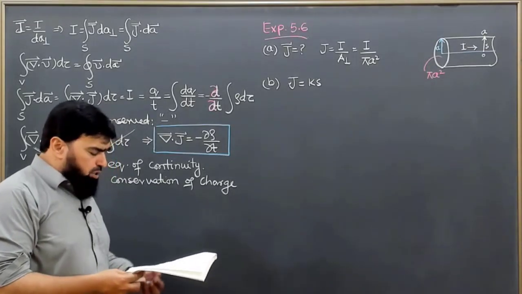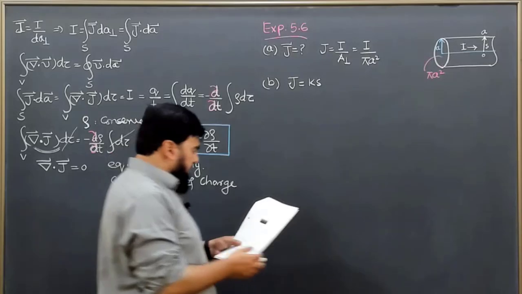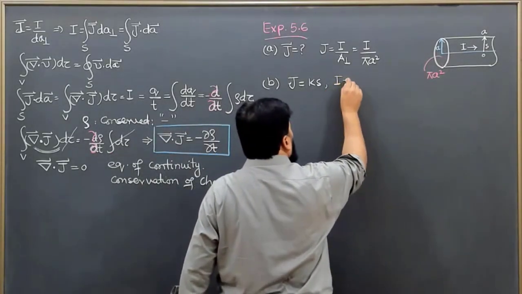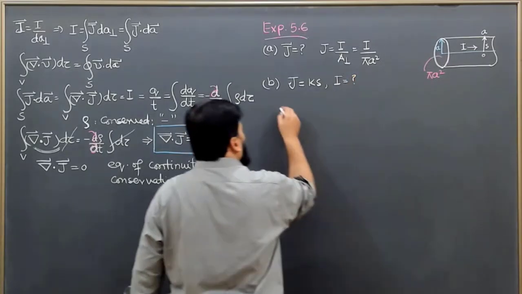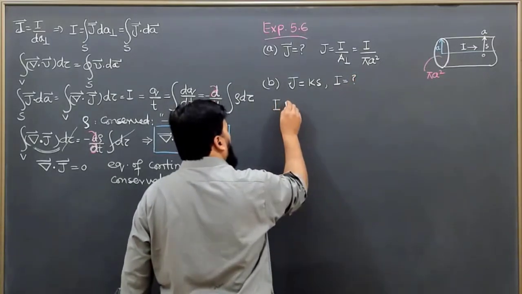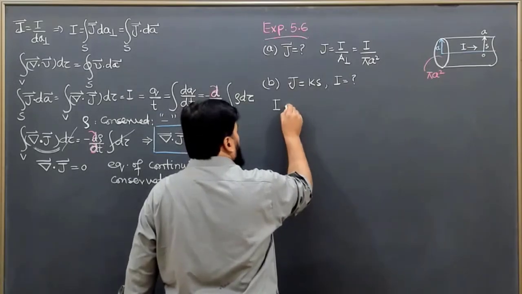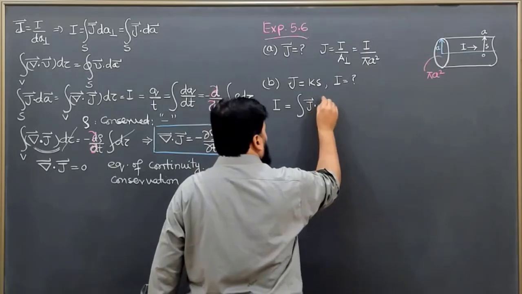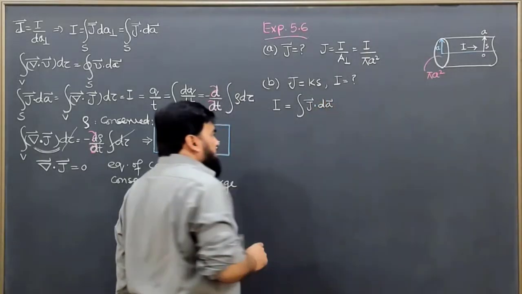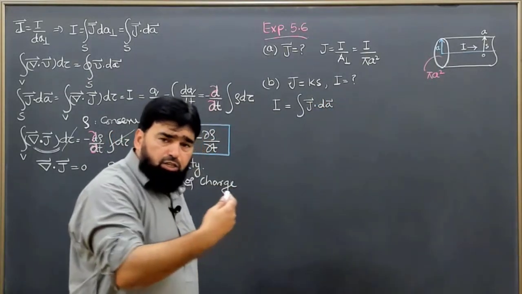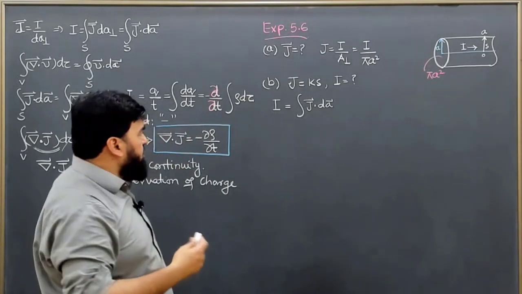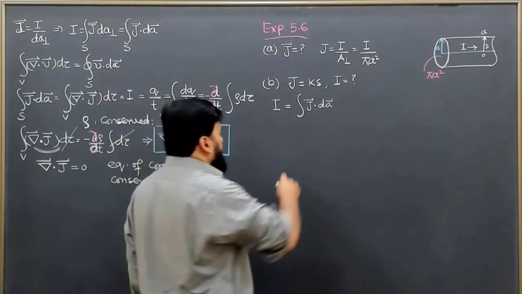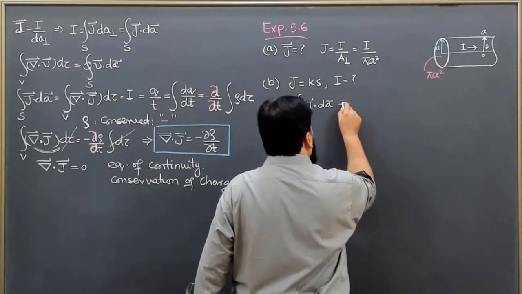So we are to find out what current is flowing. It will be I, equal to the integral of J dot dA. J is the current density and dA is the area element, which are in the same direction.